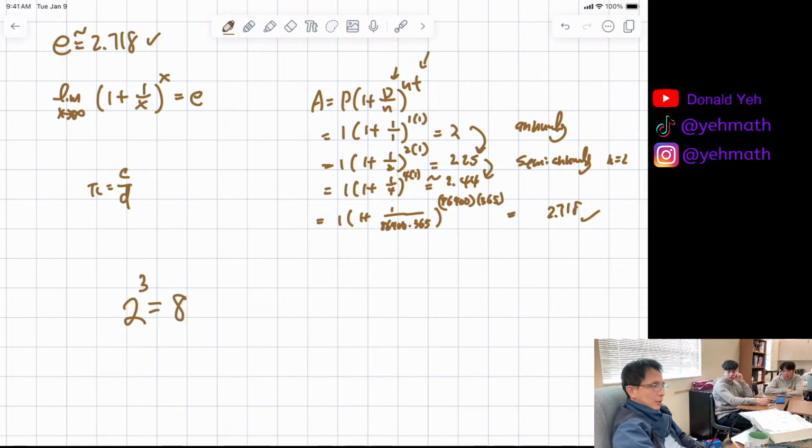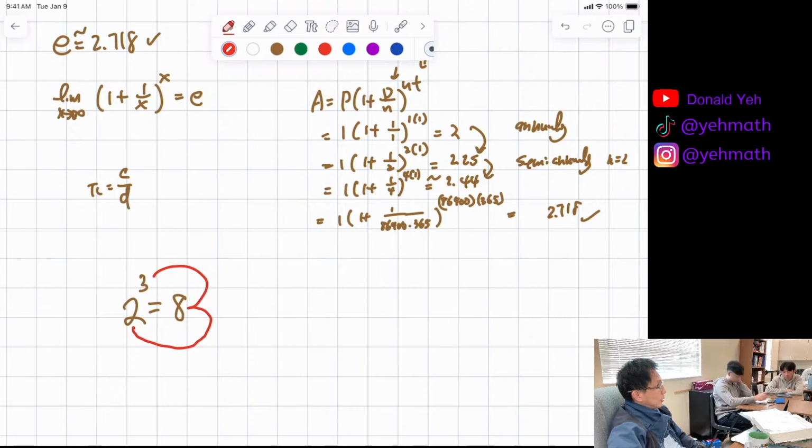Yep. You draw a sideways heart. Start with the base. So that's going to be log base 2 of 8 is equal to 3. This is called the logarithm form.